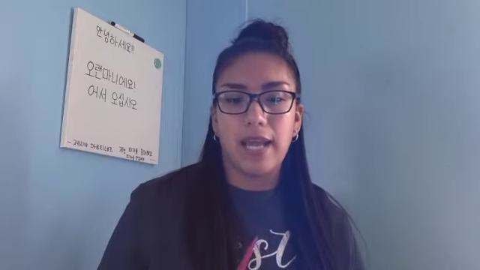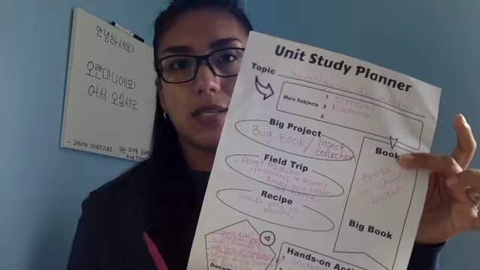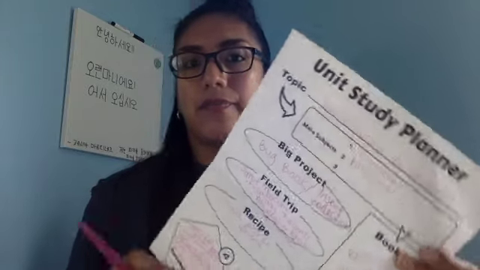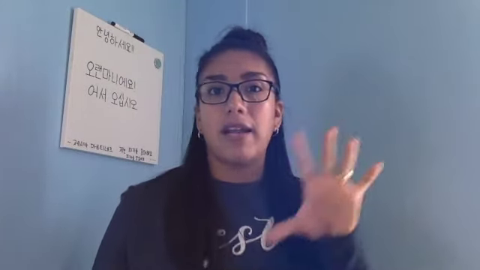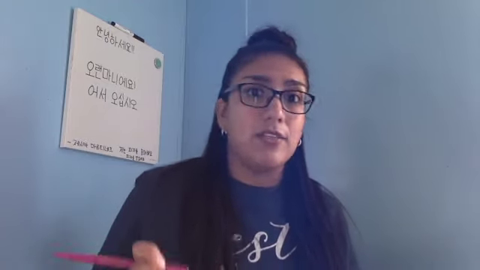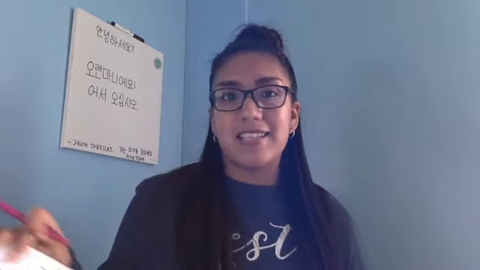The steps you should take are: find your topic, find resources, brainstorm ideas, fill up your unit study planner page, and then divide up your activities in the time that you want to spend, and then just go have fun. That's basically the plan that I'm going to be following, just those simple steps.